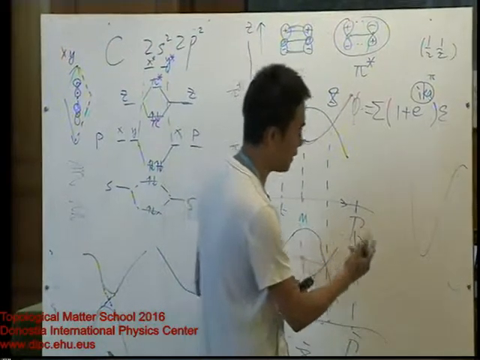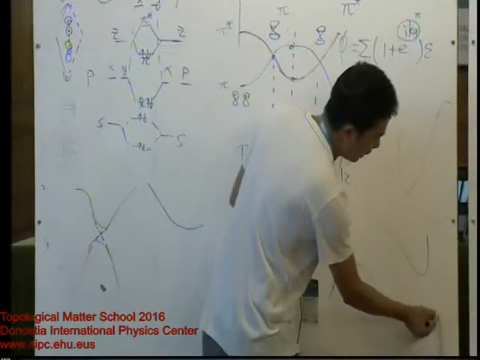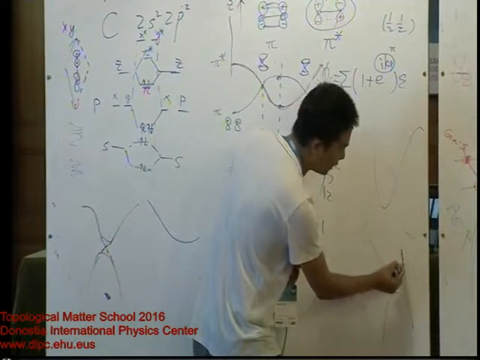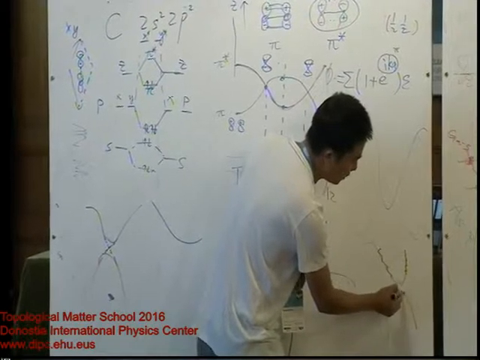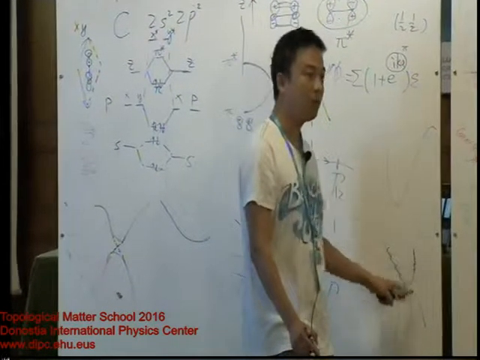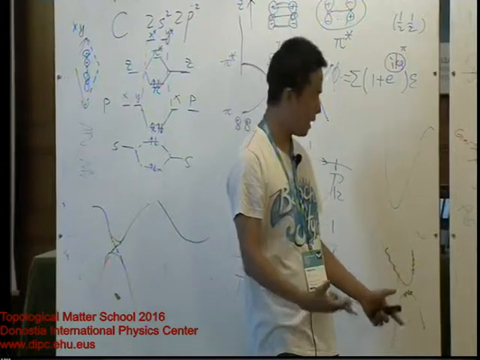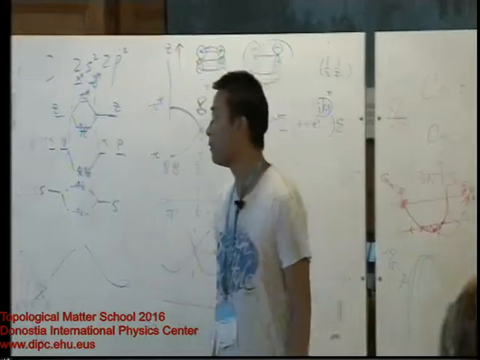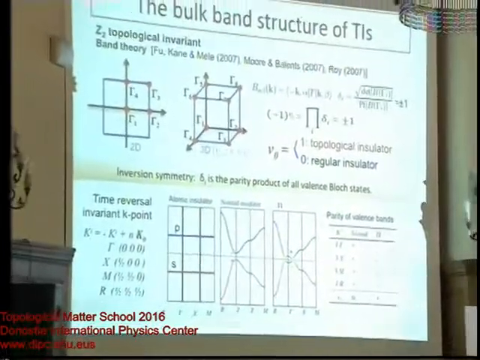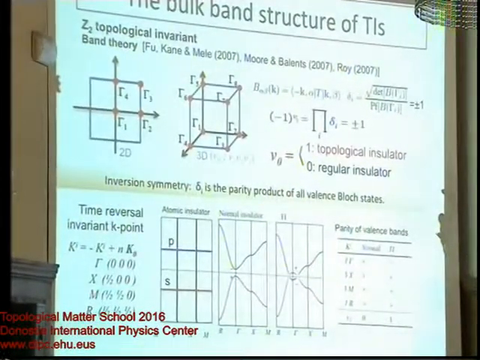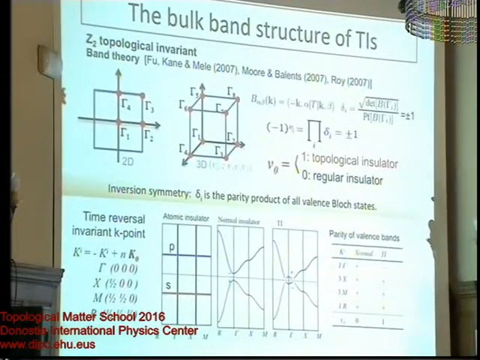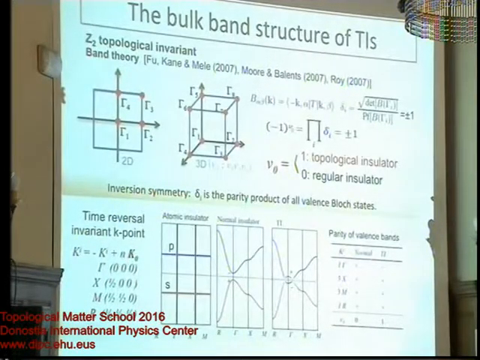In simple cases, you can observe some symmetry, and what this symmetry means is the S orbital or P orbital or other property of the wave function. Later I will mention it's closely related with the parity of the wave function if the system has inversion symmetry. Okay, let's start from this later.